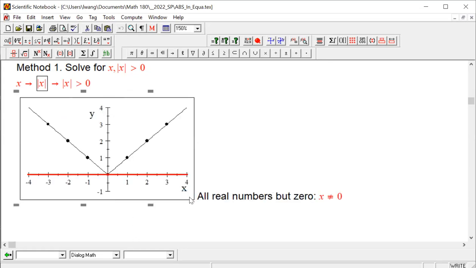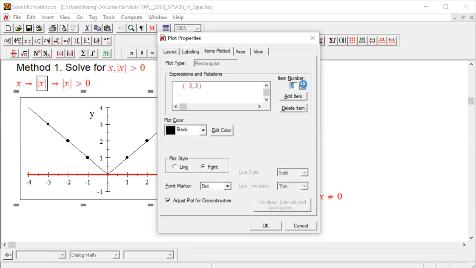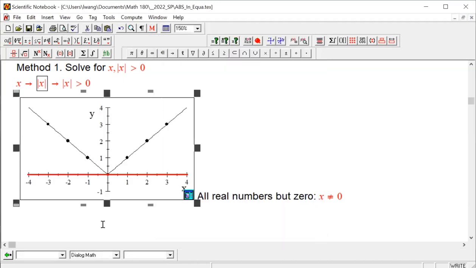Nope. One more time, because I want to show that circle really well. Okay, see, that makes a difference. Not really, but you need to understand there's a circle there.